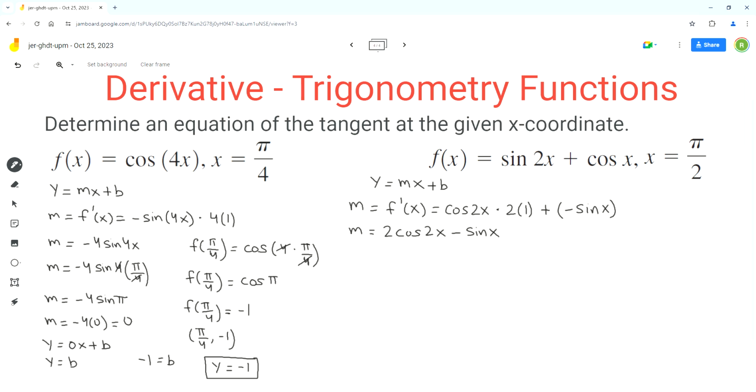Now we can sub in x as pi over 2. Now in the cos term, the 2's will cancel each other out.